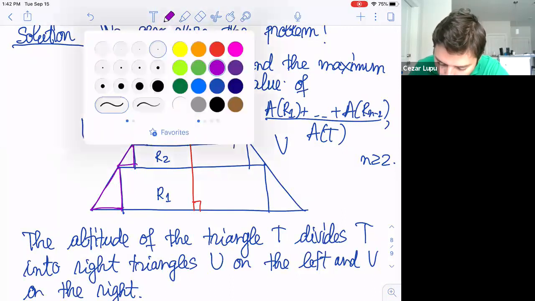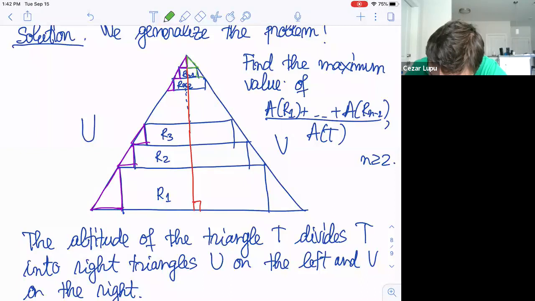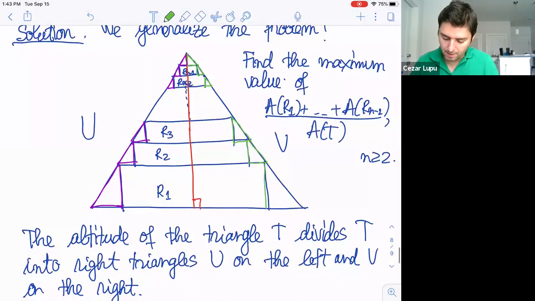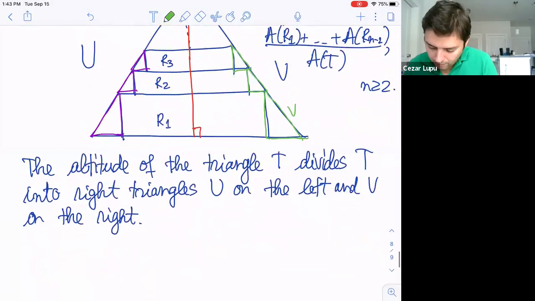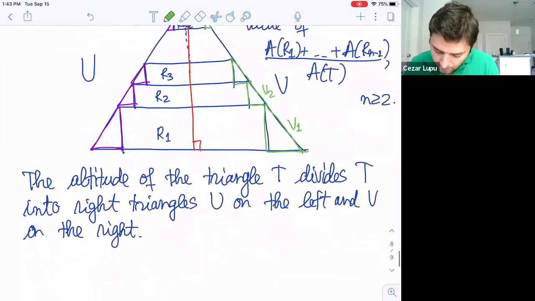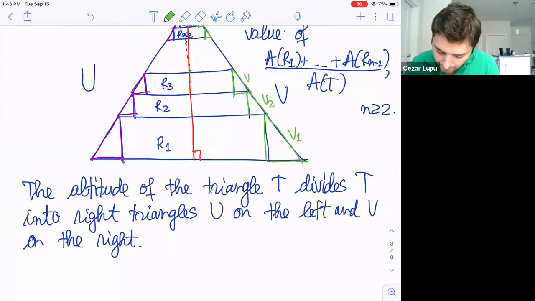And the same thing I'm going to do here. These are right angle triangles. Look at this guy here, and this guy. All right? And I'm going to denote it in the following way. This will be V1, V2, V3.